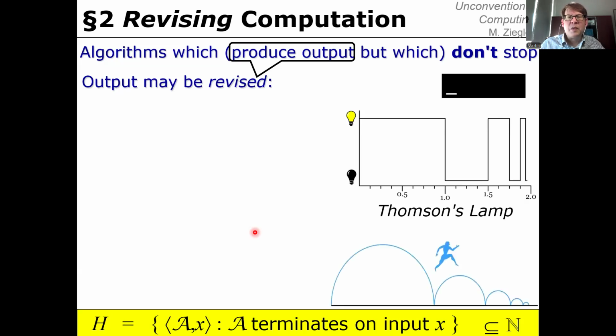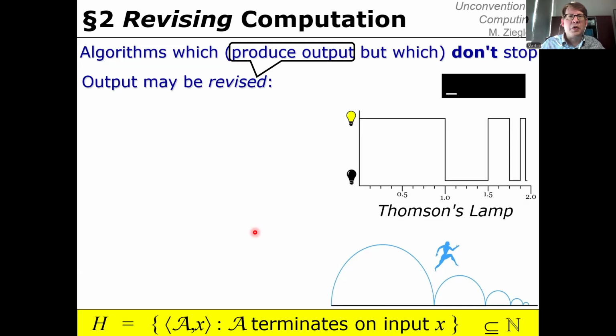Unlike Zeno, because Zeno not only decreases the time difference between adjacent steps, but also the magnitude, the amplitude of these steps. So after two amounts of time, Zeno will have arrived either way. But for Thomson's lamp, that question makes no sense.